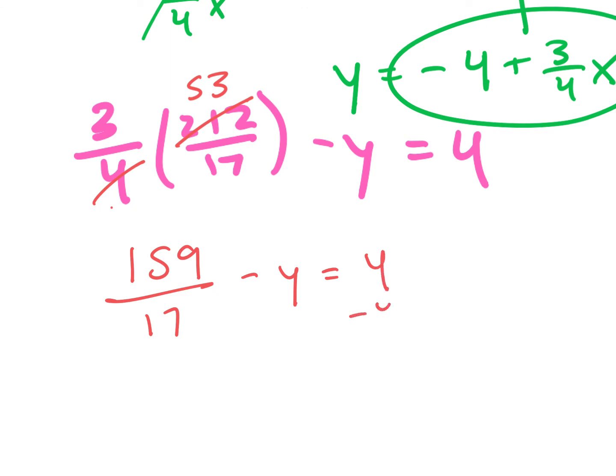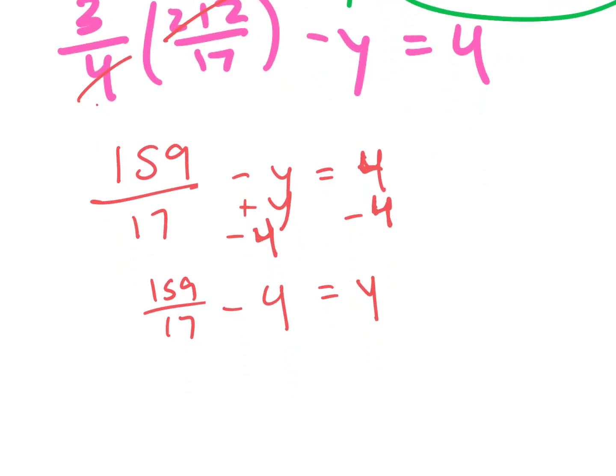So I can subtract 4 on both sides and add y. My y's look like 4s. So this is now y is equal to 159 over 17 minus 4.